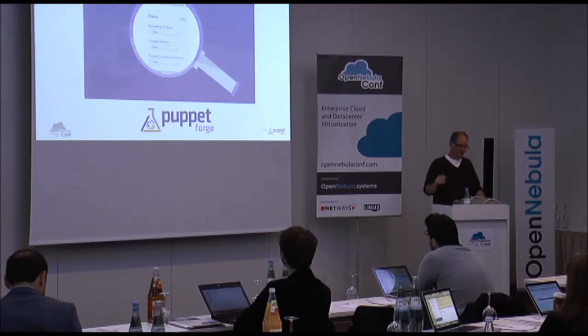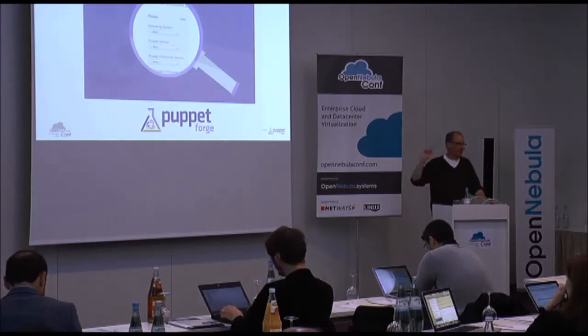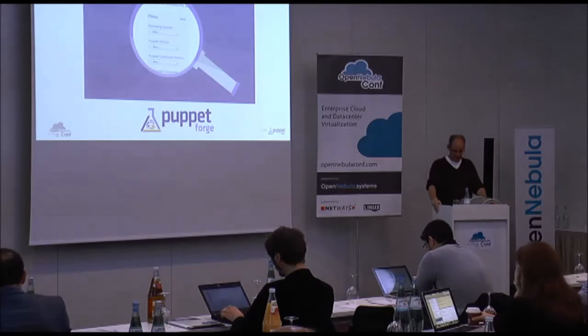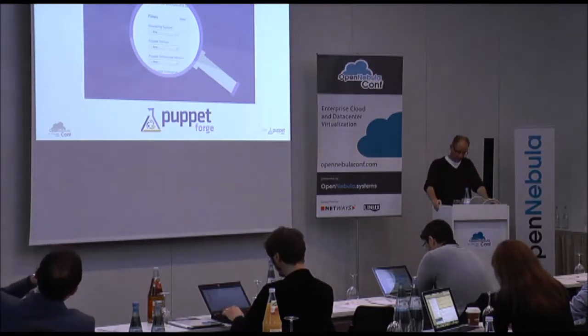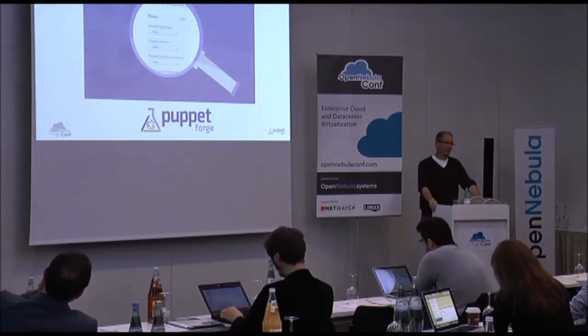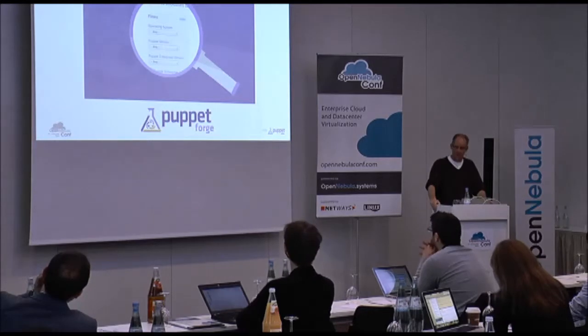So if you're going to try out Puppet and you want to know how to set up Postgres or something like that, that's where you would go and look at what's available. I mentioned Postgres because that's one of the modules that is really thorough and really well used and very usable.